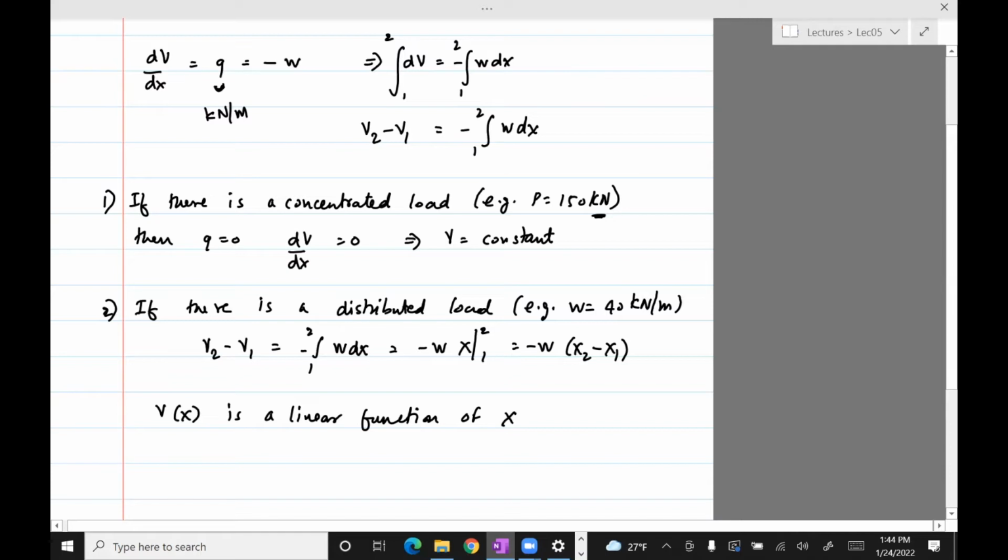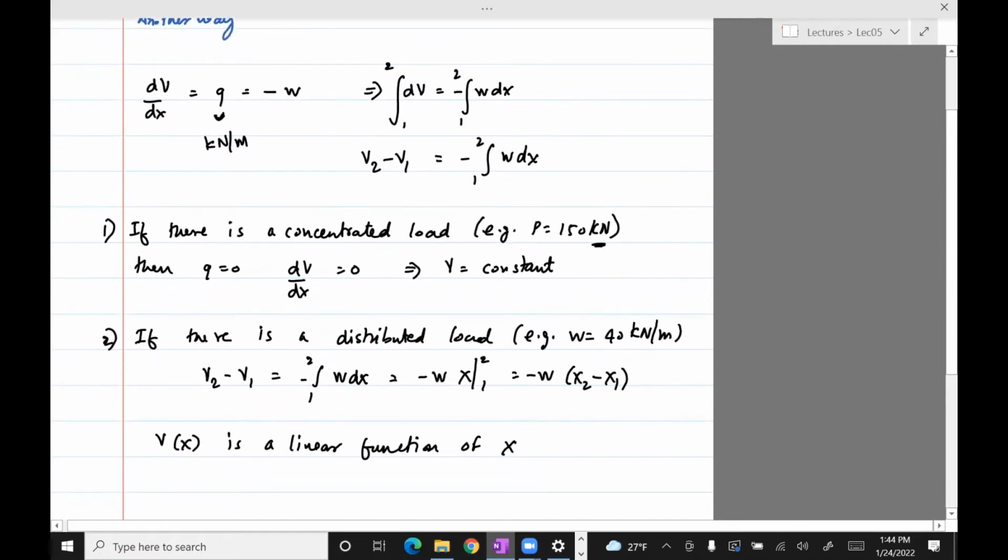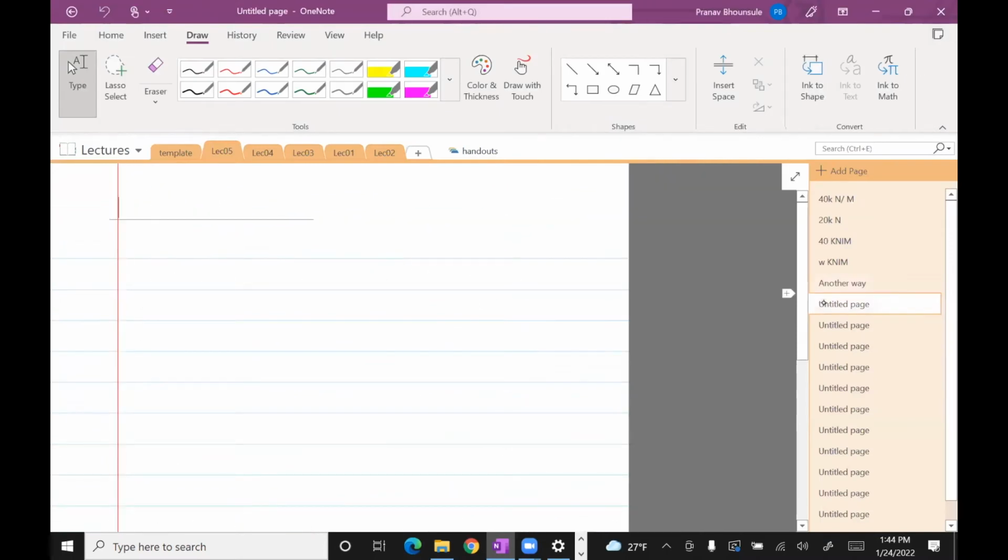So we can have a similar analysis for the bending moment. The equation we wrote down for bending moment is dM/dx equals V. The rate of change of M with respect to x is shear force.